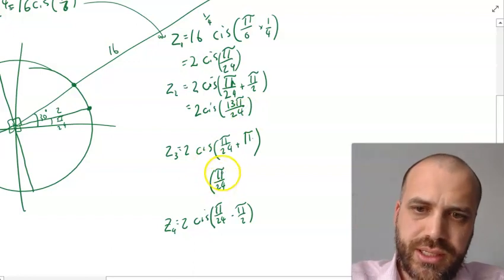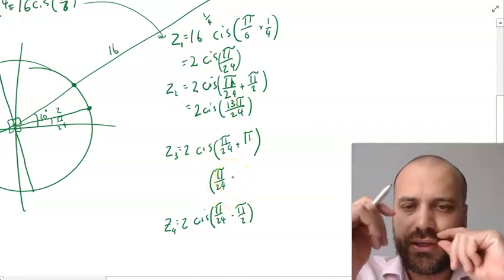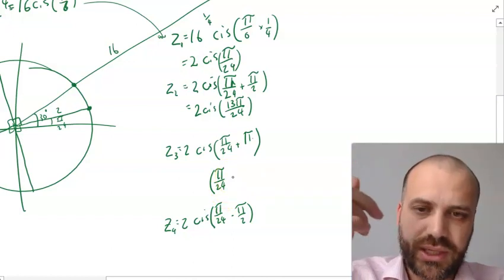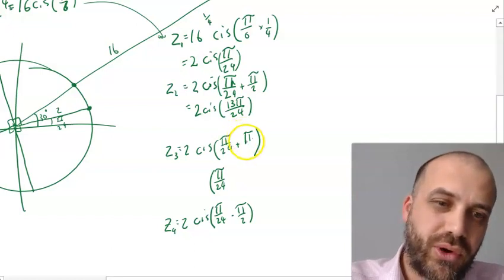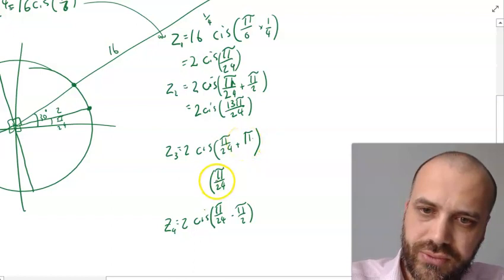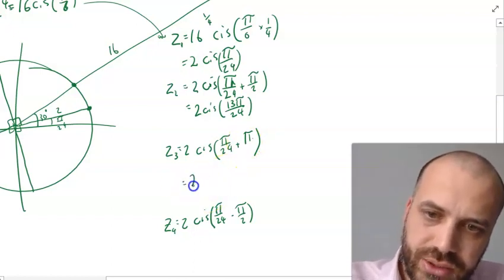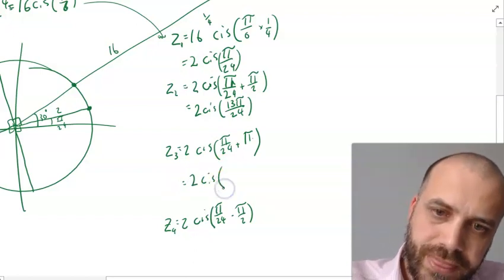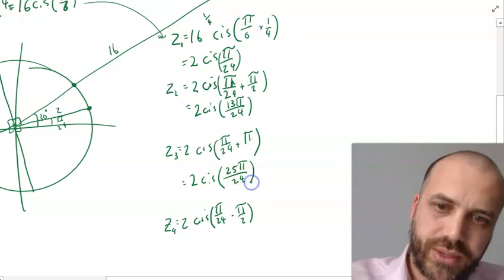This next one here is pi on 24 plus pi. So I need them to have the same denominators, so that's going to be pi on 24 plus 24 pi on 24. So that's going to be an answer of 2 cis 25 pi on 24.